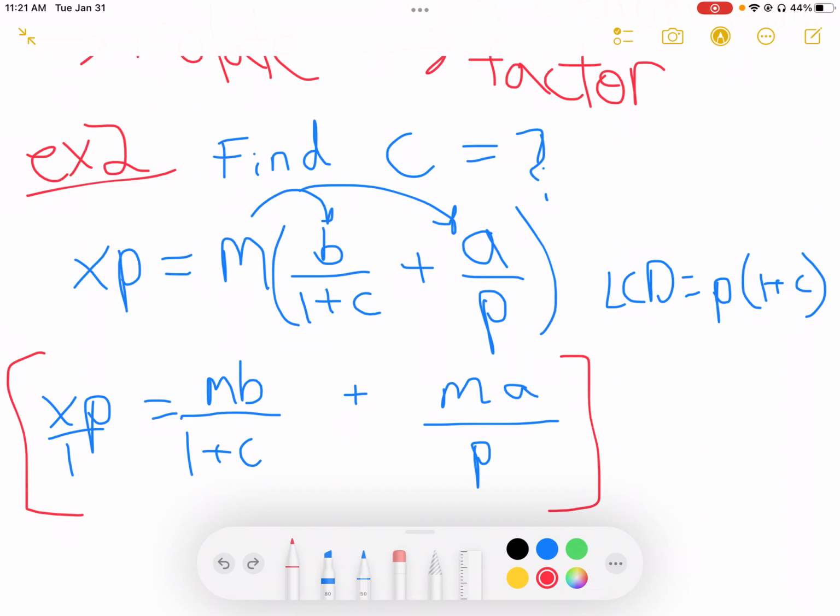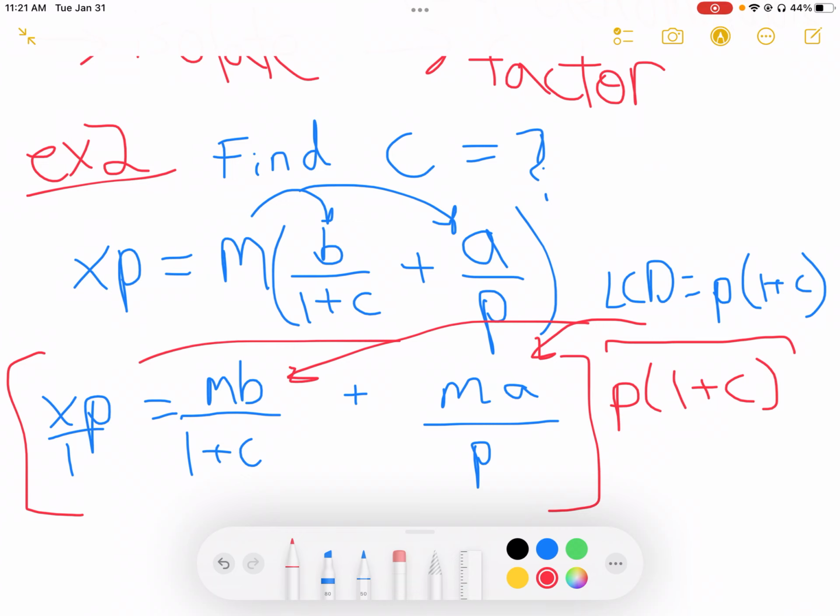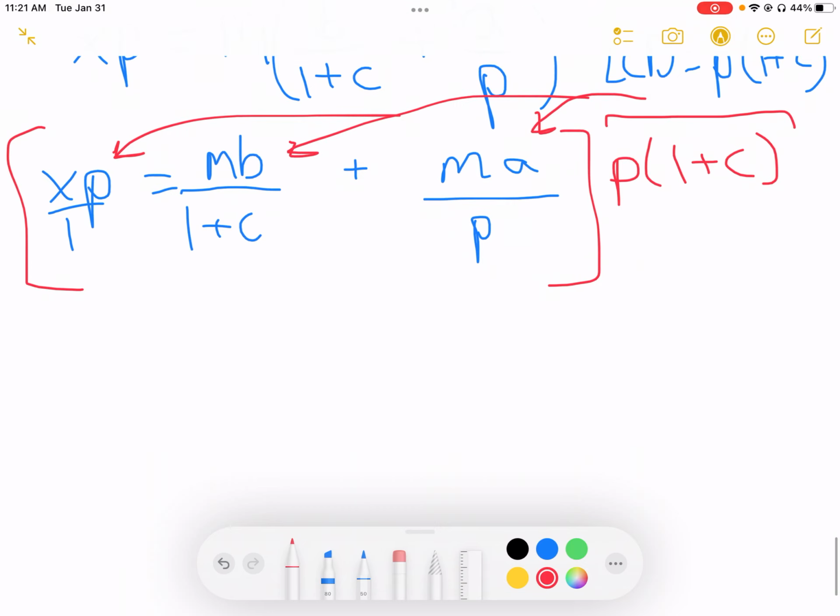As long as I have both sides of the equation, both sides can go up and down together. If I have my hands on either side of my torso, I can go up and down together as long as I keep going up and down together. So I'm going to multiply everything by P times 1 plus C. I'm going to apply it to that guy, apply it to that guy, and then apply it to that guy. Let's see how that works.